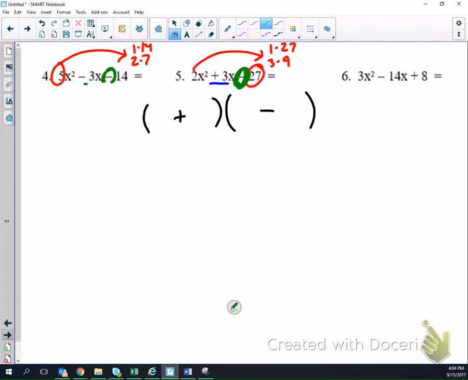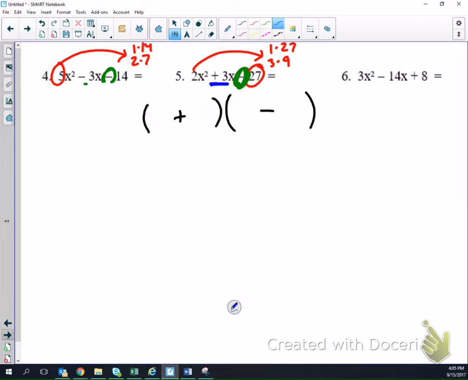So 2 times 1, it's going to be 2 minus 27, 25. Yeah, that doesn't work. 2 times the 27, 54 minus 1. No, that's way off. 2 times a 3 is a 6, and 9 minus a 6, that gives me a 3. So I'm doing the 2 times the 3, and that's a 6.